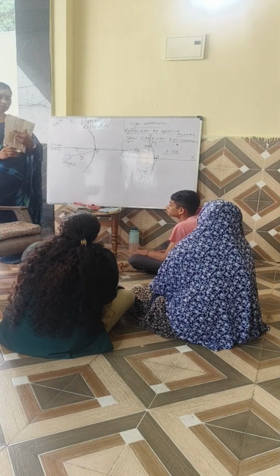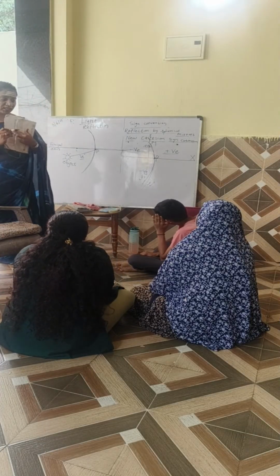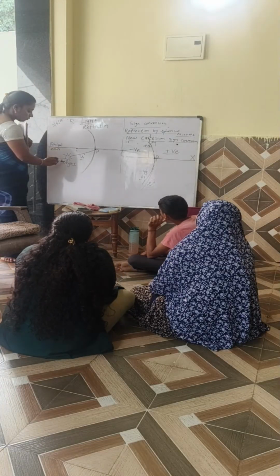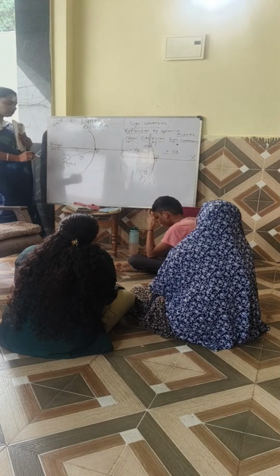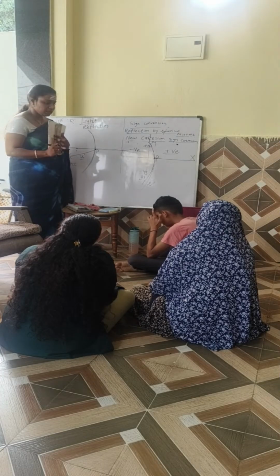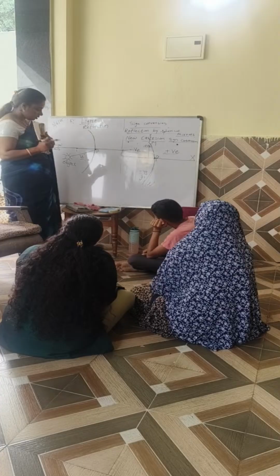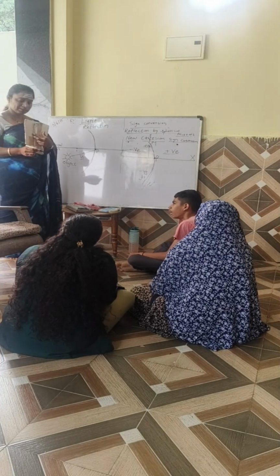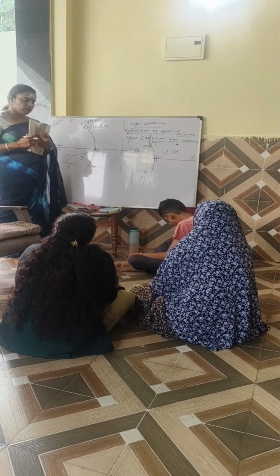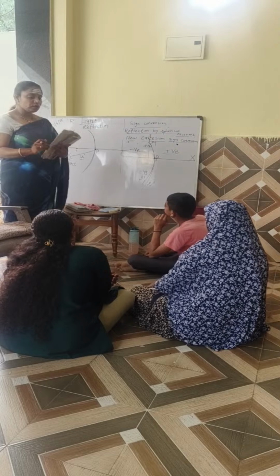It is the object distance, from the object to the pole. Suppose it is 20 centimeter, then U is equal to 20 centimeter. Are you clear with U now?